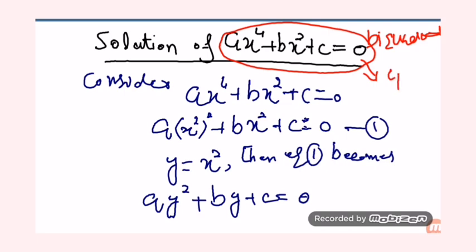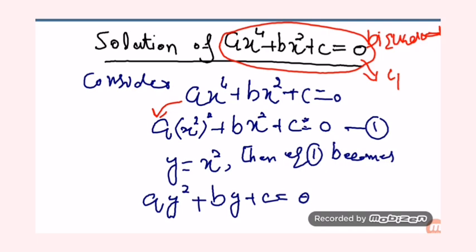Now to solve this equation, we can write it in this form: a(x^2)^2 + bx^2 + c = 0. Consider this as equation 1.